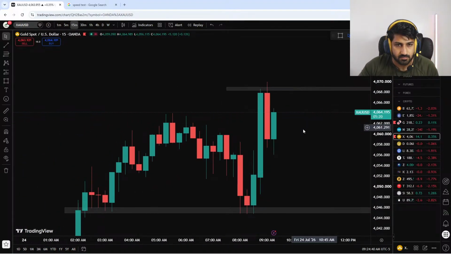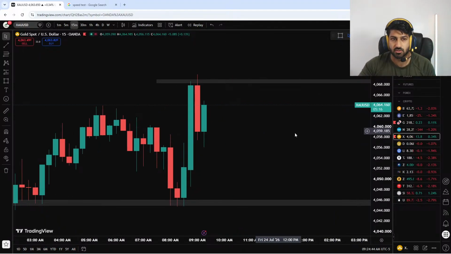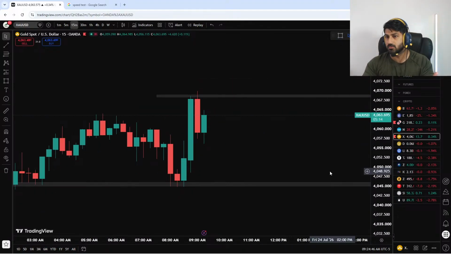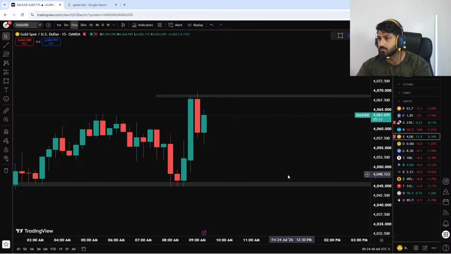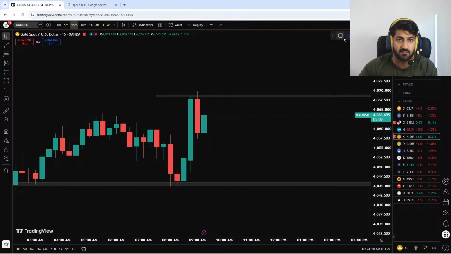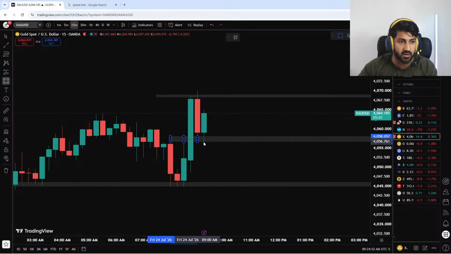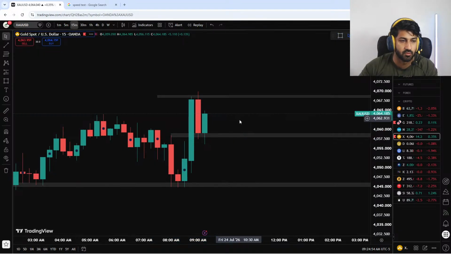Okay, so as we go down to lower time frames, the whole purpose is tightening up these zones so we can have an idea where price is moving.